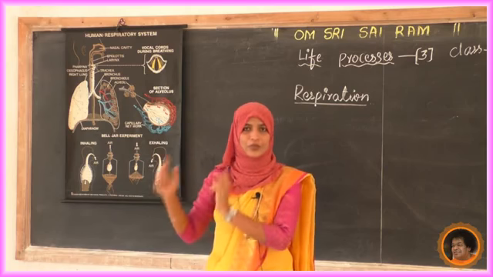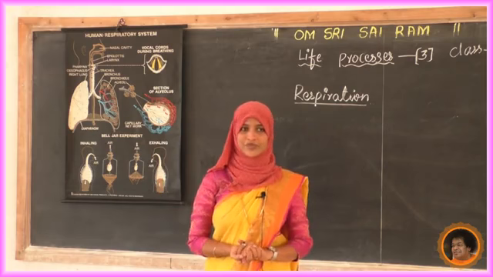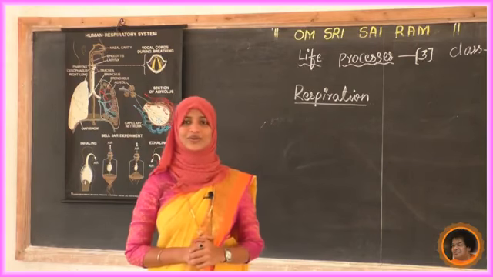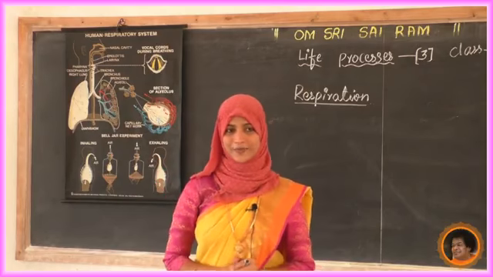In the right lung there are 3 lobes, in the left lung only 2 lobes. So in human beings or any animals, the right lung is always larger than the left, because the left has only 2 lobes and the right has 3. Next we will study in detail the entire respiratory system.